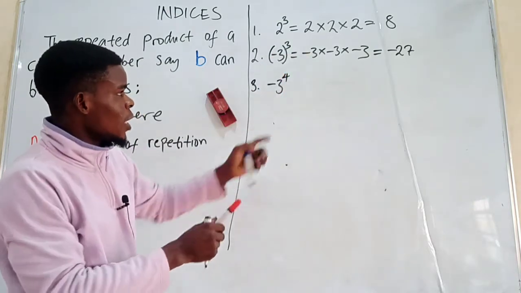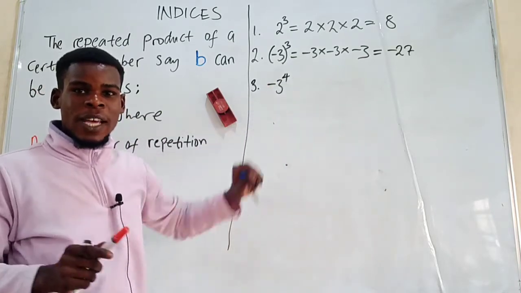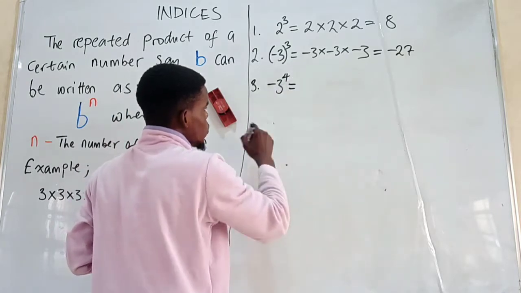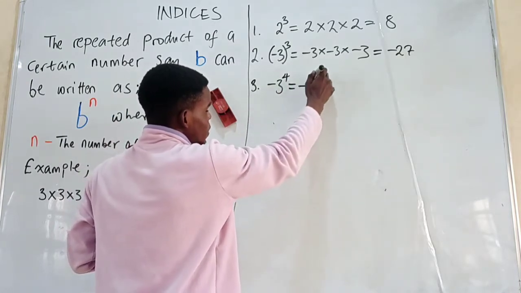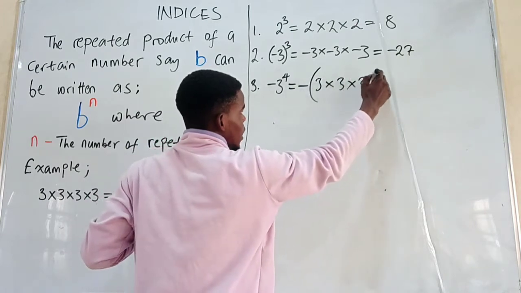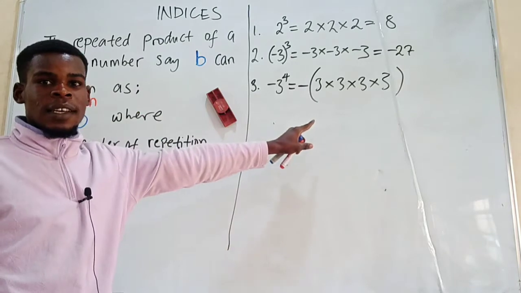Here we are just having negative 3 to the power 4. The negative is not raised to the power 4, so be mindful of this. So this is going to be written as negative times 3 times 3 times 3 times 3.